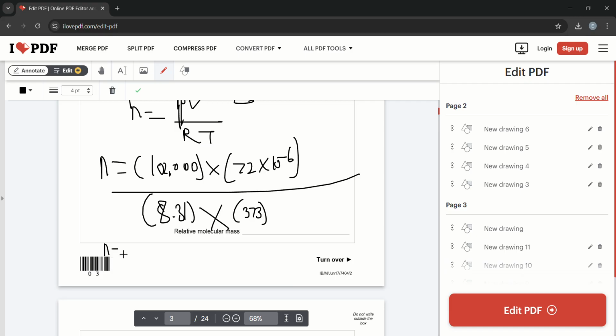That gives me the number of moles is equal to 2.369 times 10 to the power minus 3.